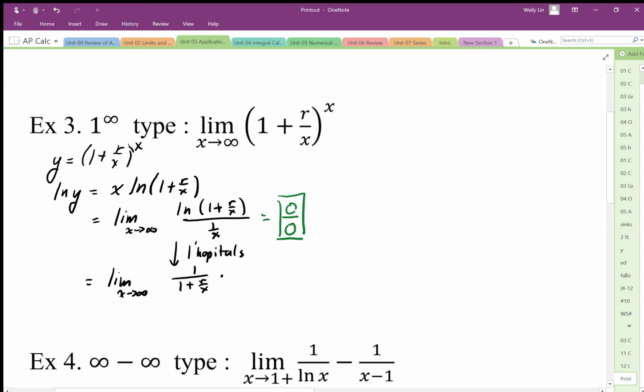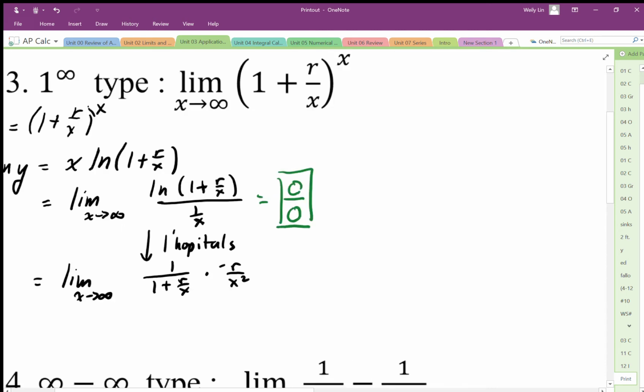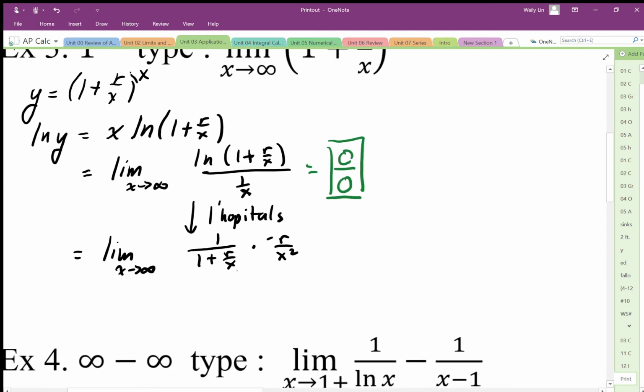The derivative of r over x is negative r over x squared. Okay. And then when I differentiate the denominator, I'm going to end up with negative 1 over x squared.